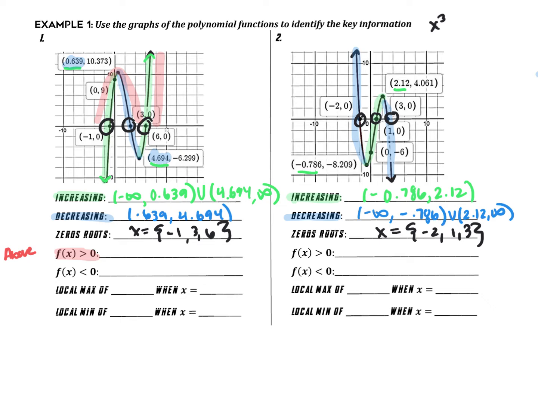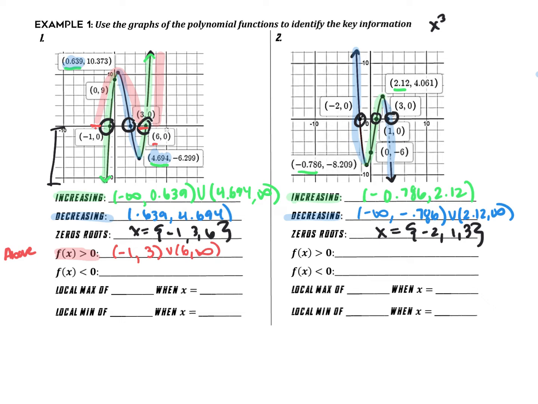So it's happening, again, looking at the x values between -1 and 3, right? It's happening here to here. And then it starts happening again at 6, and it's then forever above the x-axis based on what we can see happening from the graph, which means that it is below the x-axis on the opposite intervals.